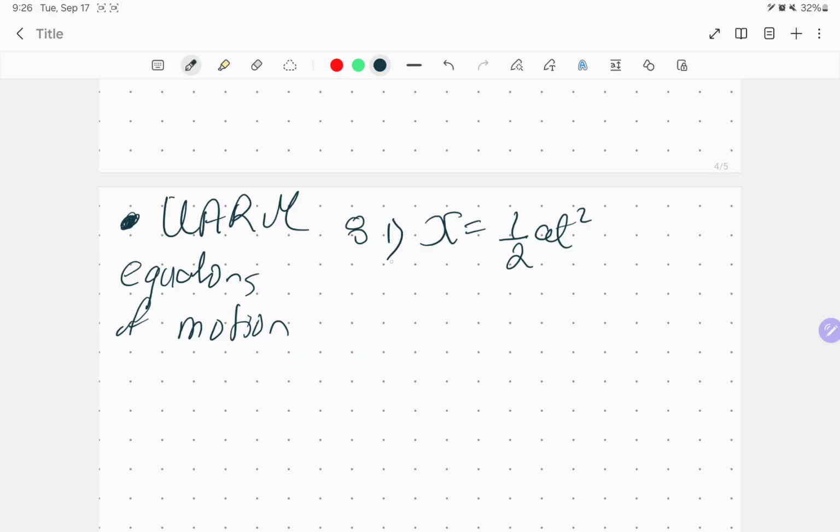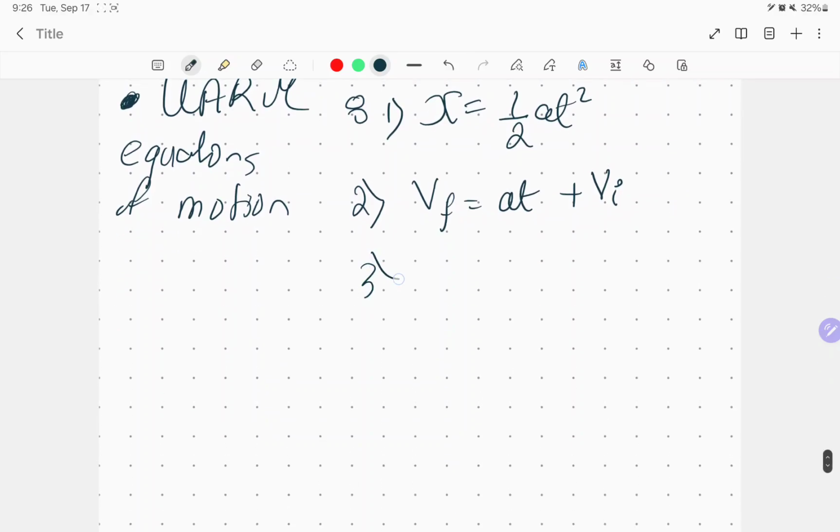The second one is v final equal to at plus v initial. I'm going to explain what I mean by that now. And the third one is x equal to v initial plus v final divided by 2, both of them multiplied by t.